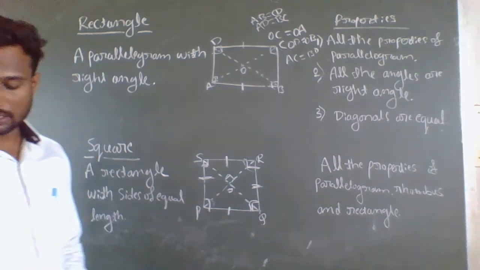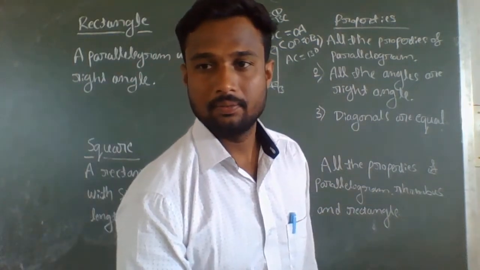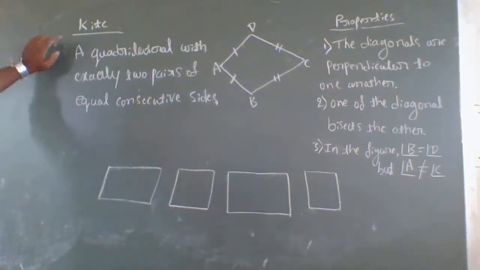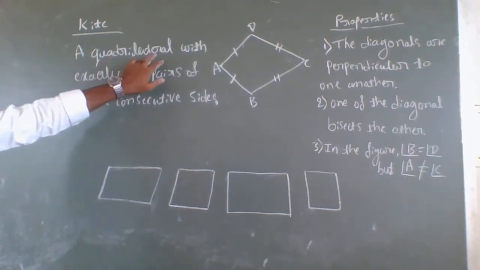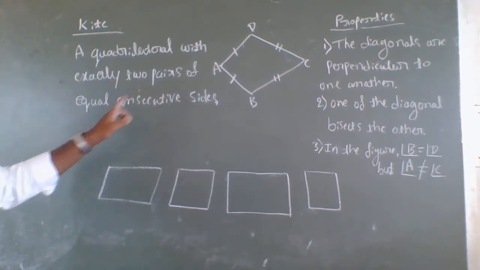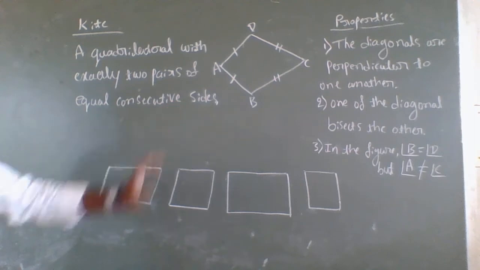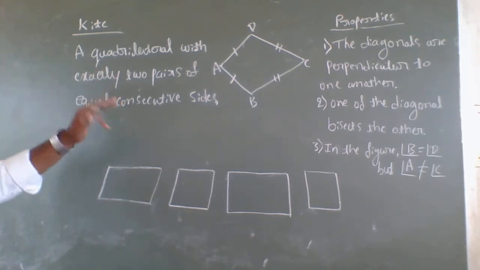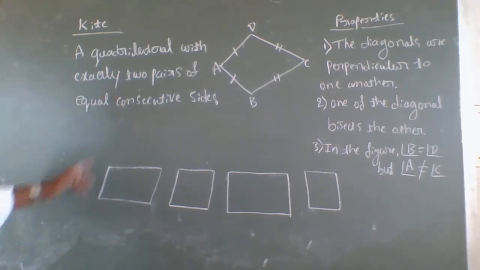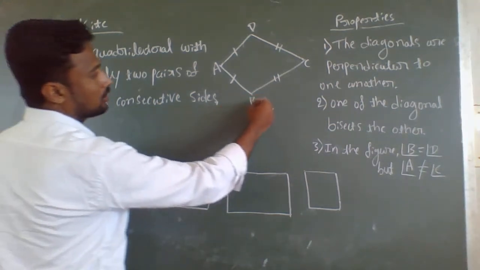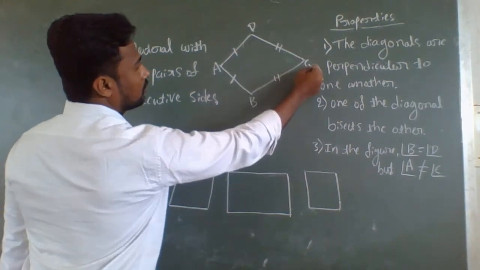Now I will discuss the next one, kite. A kite is a quadrilateral with exactly two pairs of equal consecutive sides. Here, two pairs means BC is equal to CD.